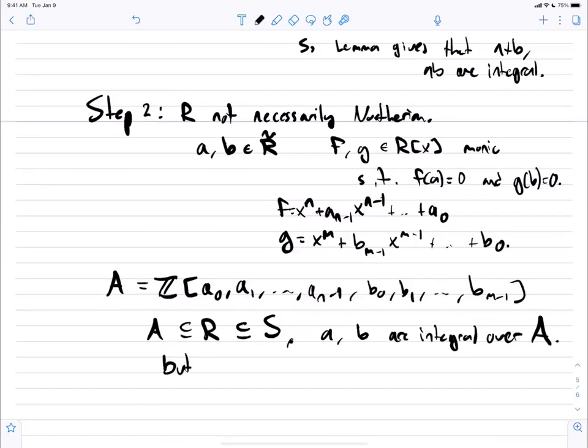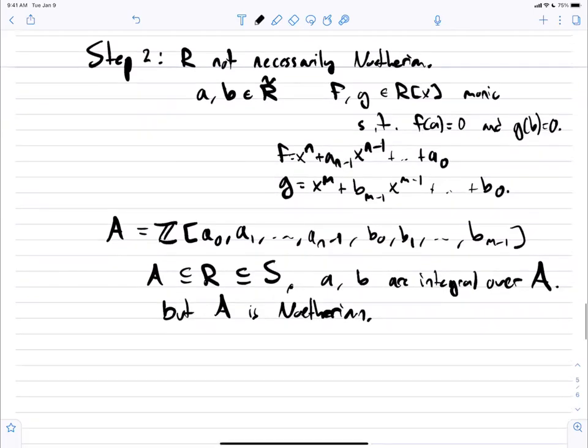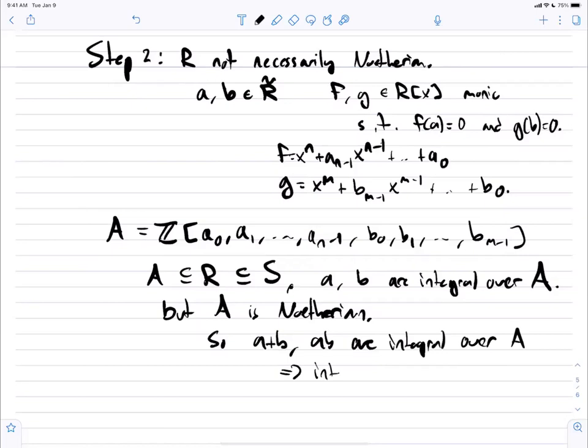But capital A is Noetherian. So A plus B and AB are integral over capital A by the previous argument, which implies they're integral over R, because capital A is just a subring of R.